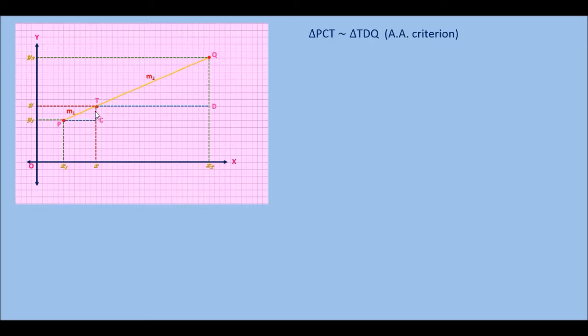These two are equal because they are corresponding angles, and TC and QD are parallel lines. Hence, the corresponding angles will be equal. So, by angle criterion, we can see these two triangles to be similar. They are similar.